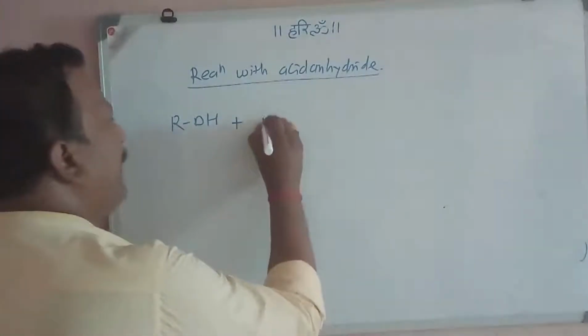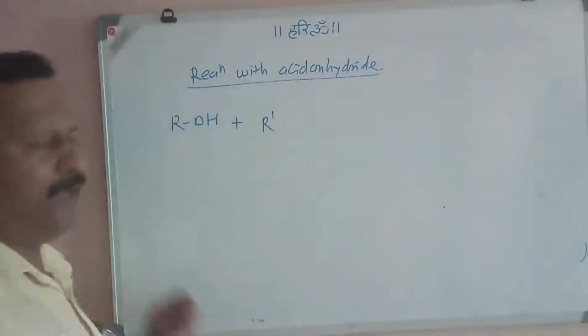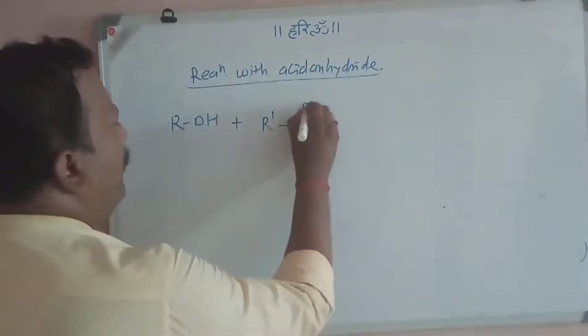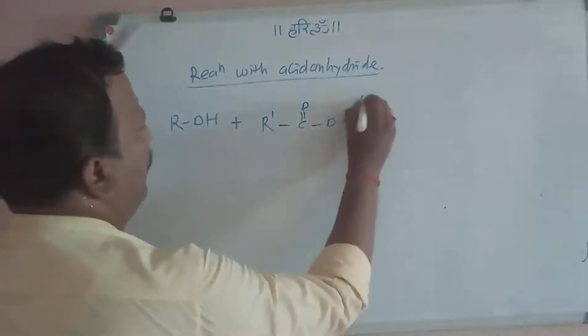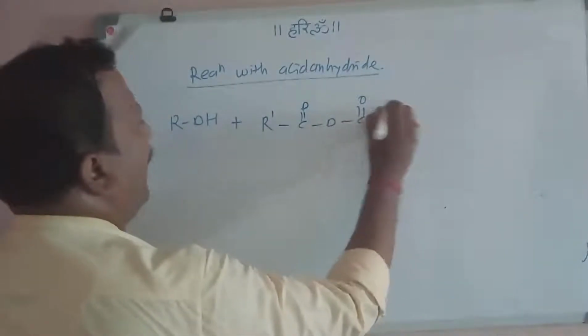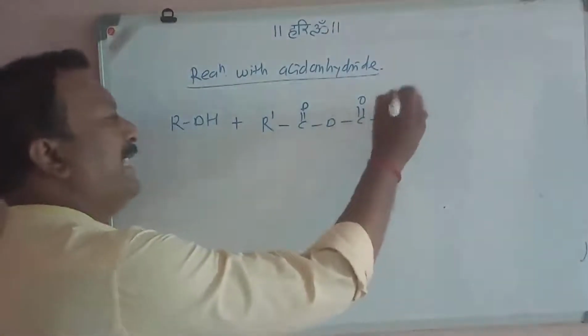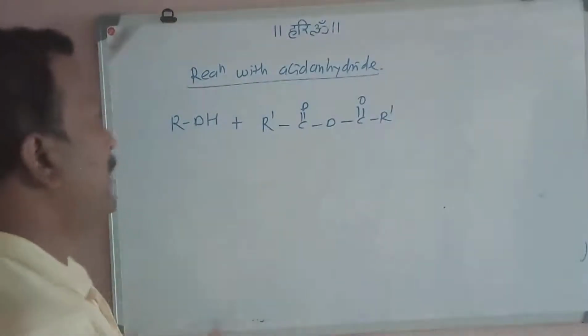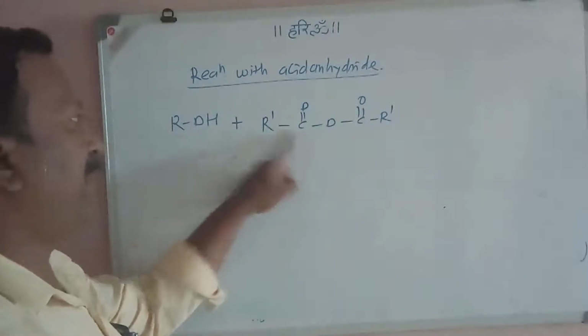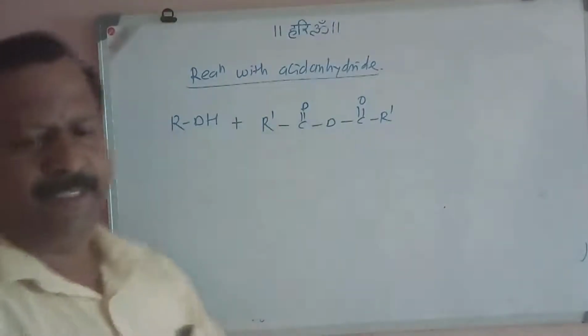Example अपन general example पे आते हैं. For example, here R C double bond O C double bond O R किंवा R dash तिकडे असू शकतो, बरोबर आहे. R किंवा R dash दोन्ही सारखे असले किंवा दोन्ही वेगवेगळे असू शकतात त्या ठिकाणी. So it's called acid anhydride, alcohol when reacted with acid anhydride.